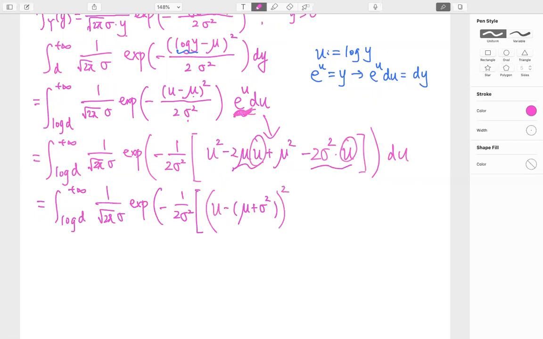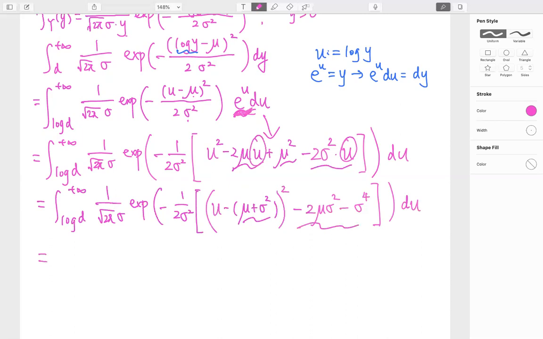So collect them together: it will be 2 times (mu plus sigma squared) times u. But of course, I don't have the square for this. The only thing I have is mu squared. So we need to subtract back 2 mu sigma squared, and subtract sigma to the fourth, then everything is the same.